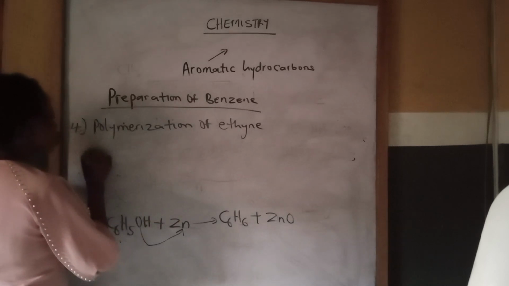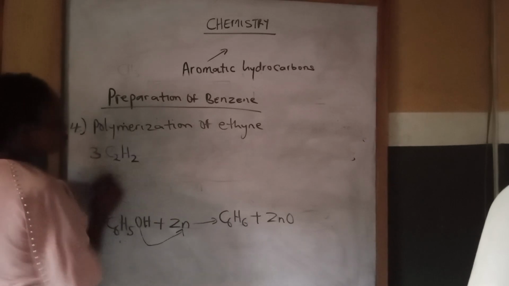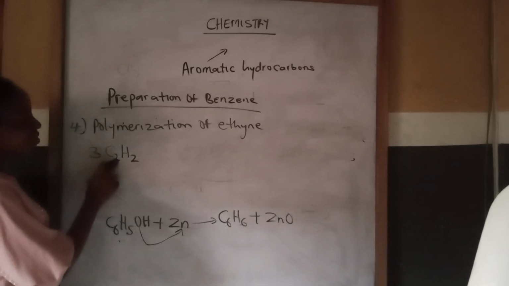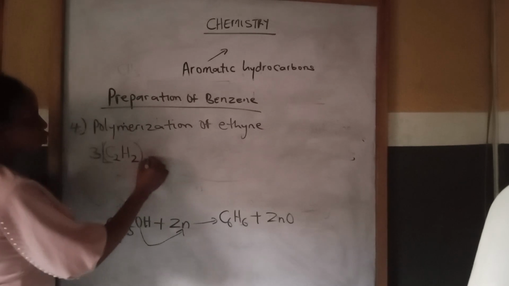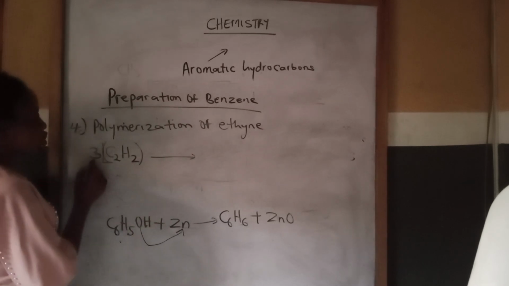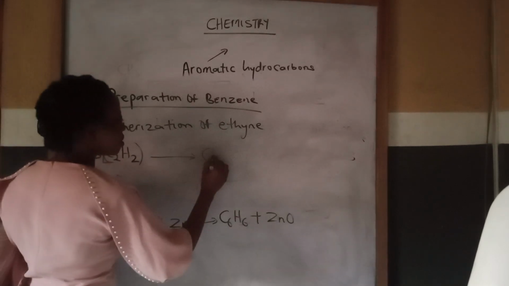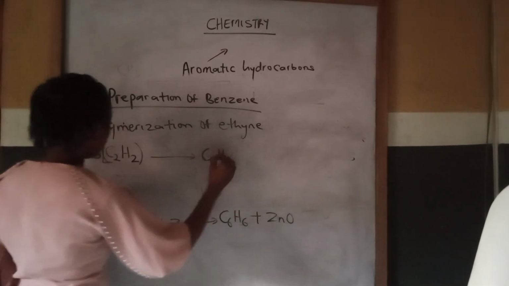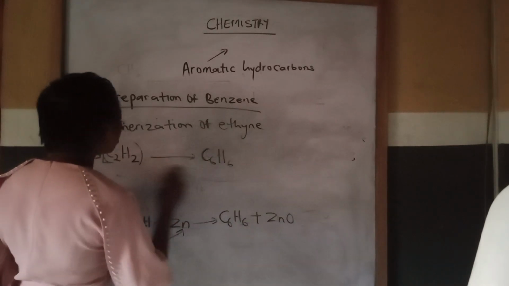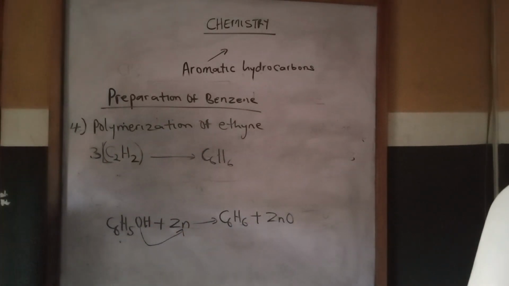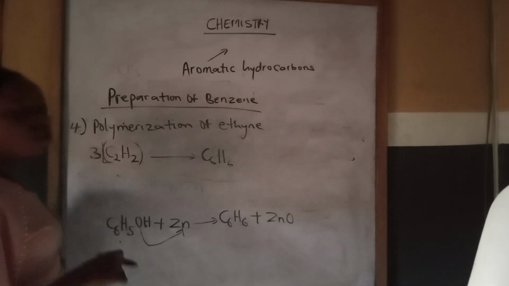So when three molecules of ethyne, ethyne is C2H2, join together, it will give us C6. 3 times 2 will give us C6. Then 3 times 2 hydrogen will give us H6 to produce the molecular formula of benzene.